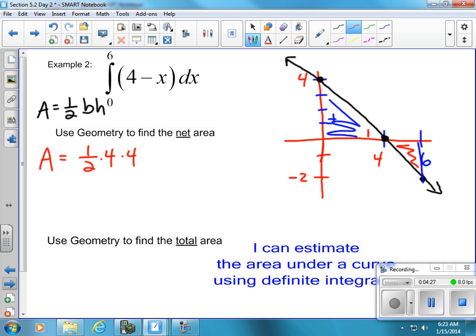So area equals this minus the area of triangle 2 over here. So this is 1/2, and it's negative because it is below the line. The base of that is 2, and the height of this triangle is 2. So 1/2 times 2 times 2. So here we have 8 minus 2. The net area, A net, is 6.